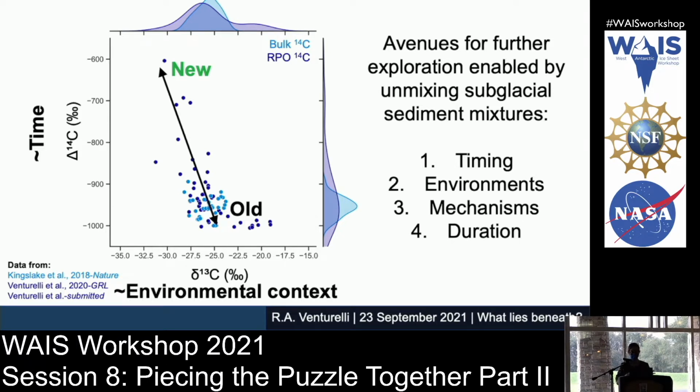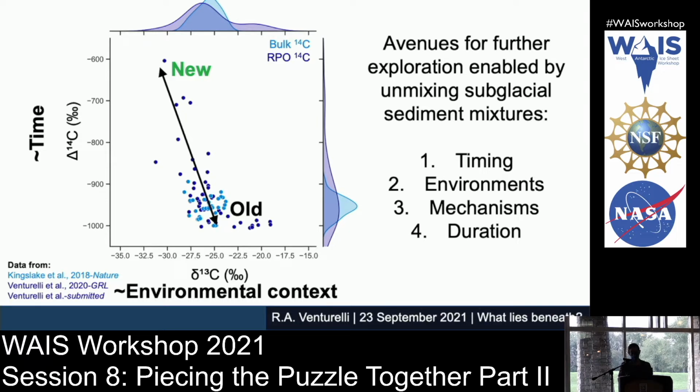So these two end members that I'll talk about today: on the old side, material has been deposited over a long period of time when West Antarctica was much smaller than today, and we had open seas over West Antarctica. And we see that in the stable isotope values that indicate open marine productivity.